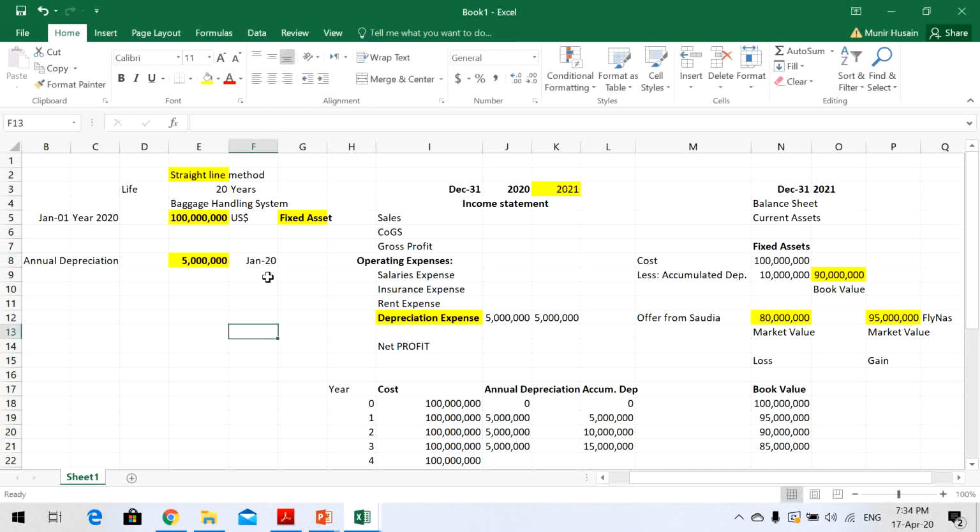1 over 20, because 20 is multiplied by this cost. It's the same thing: 1 over 20 multiplied by the 100 million cost, or 5 million divided by this. It's the same thing. So what is that fraction? 1 over 20 is the fraction.